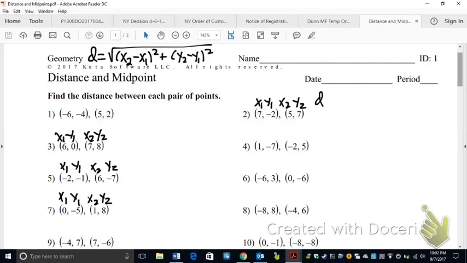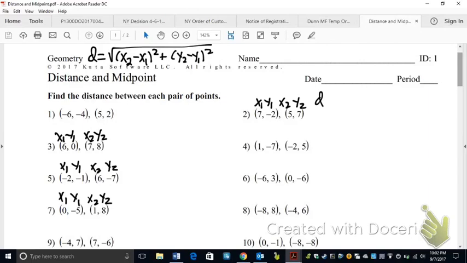Again, I know this seems redundant. I'm sure you guys are sick of hearing this and doing this, but if you mark them all as x1, y1, x2, y2, then when you're going through, you're going to have a much easier time of just plugging them in and then algebraically solving the problem.